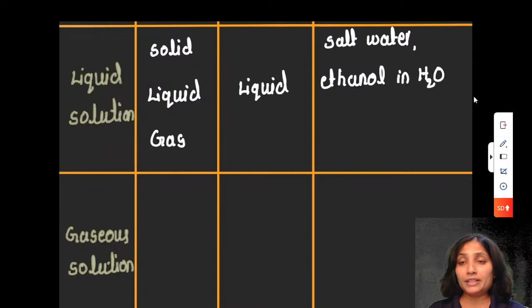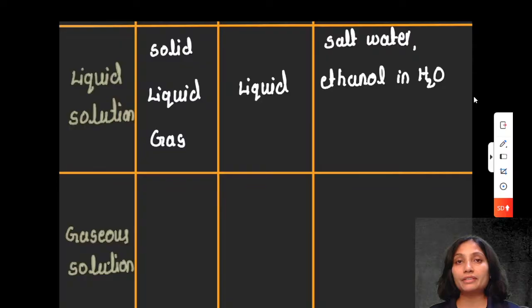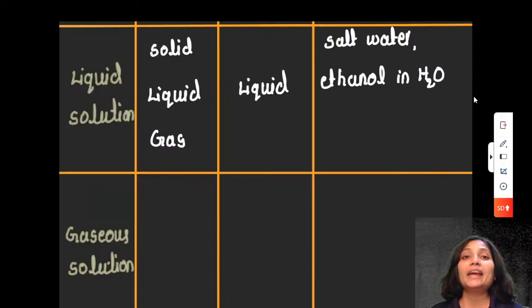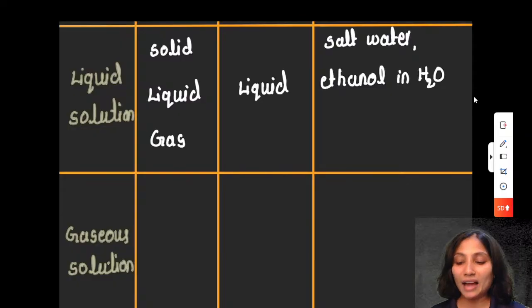Ethanol is in liquid state, water is also in liquid state, both will mix to form a liquid in liquid solution. And gas in liquid, any guess for gas in liquid? Aerated drinks, oxygen in water, all these are examples for gas in liquid state.